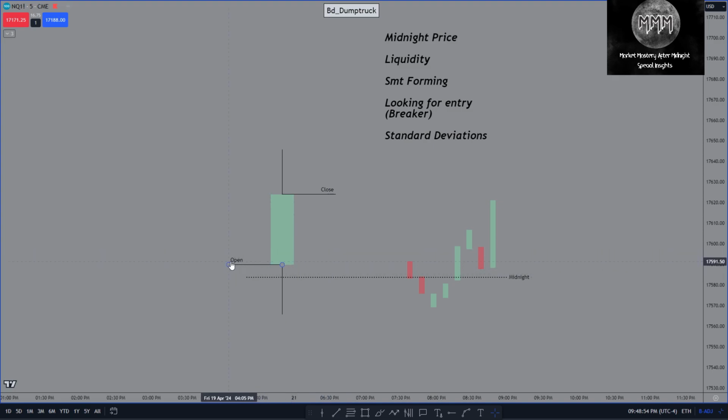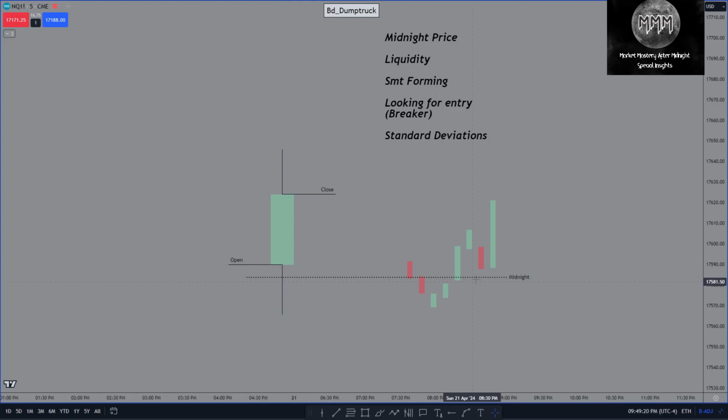When we're going into that new 4-hour candle, if we are bullish, we want to see that manipulation below the open. And if we're seeing it below midnight price as well, that is when it's really high probability. Then here on the lower time frame, that's when we're seeing the moves below, and we're seeing the lower end of the range being created with the wick of the 4-hour candle.